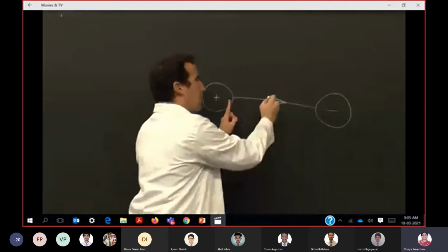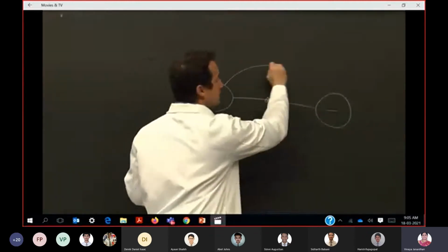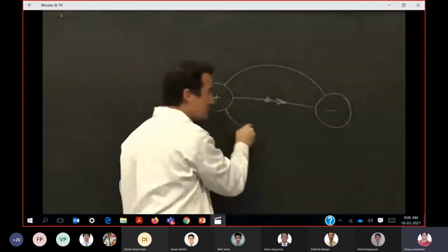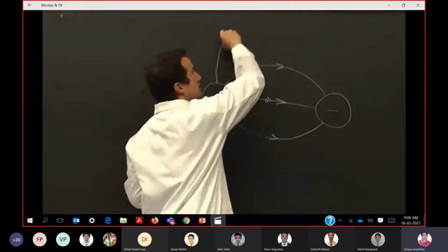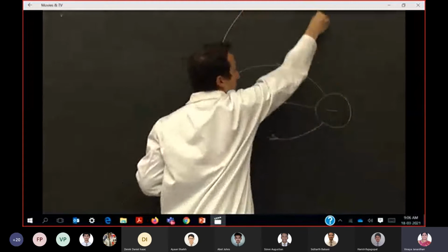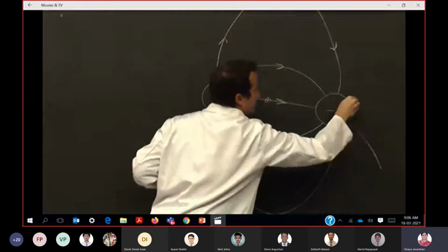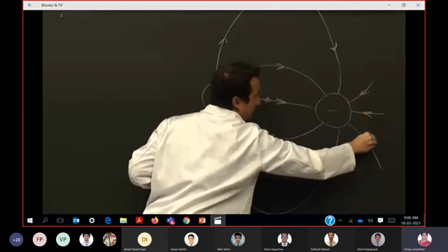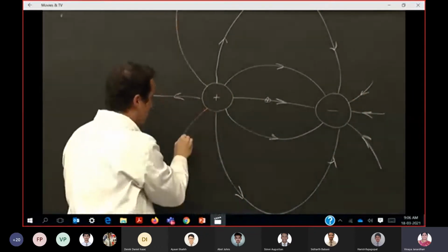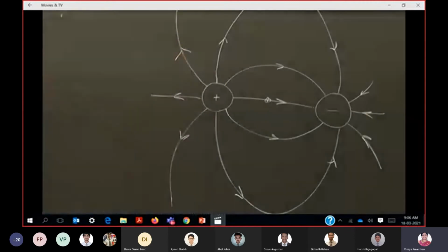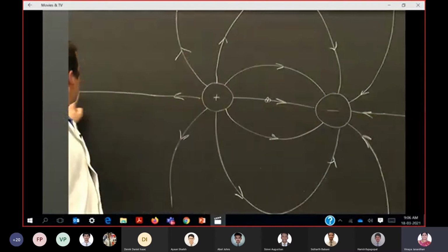That's the direction a positive test charge would be forced, out of positives and into negatives. These other far-off lines will just keep on going to oblivion.